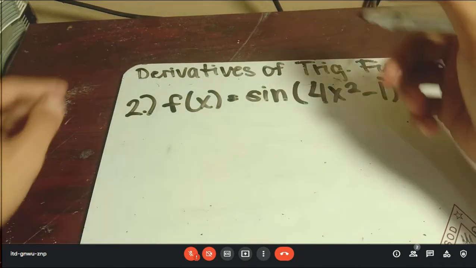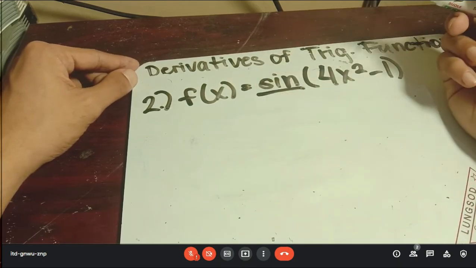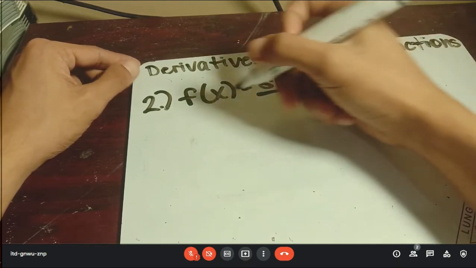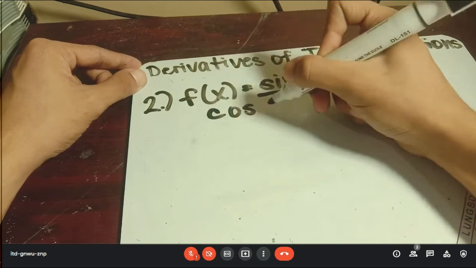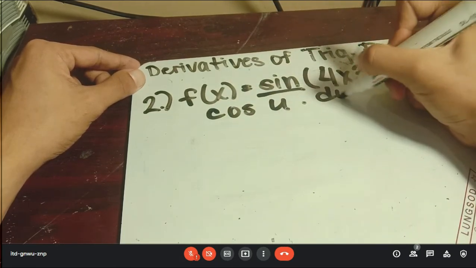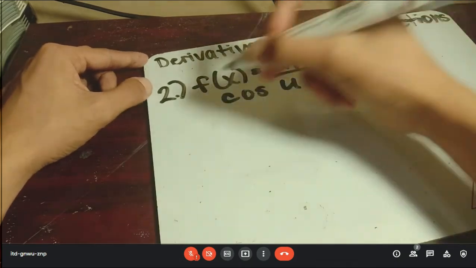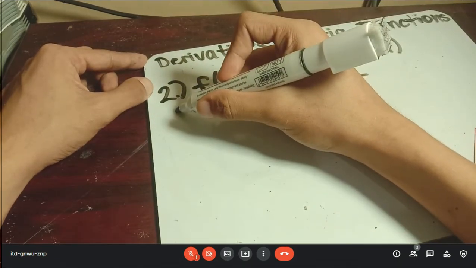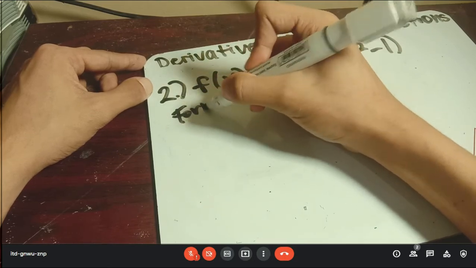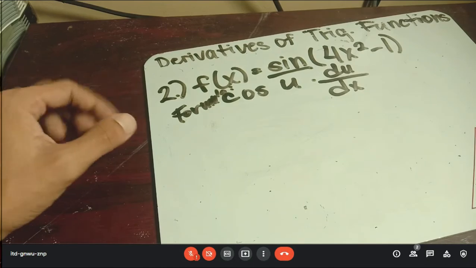So, don't worry. Alamin lang muna natin again yung formula ng ating sin. So, ano yun? It will be cos u times du over dx. Yan. So, tatandaan natin yung formula natin. Lagyan na lang natin siya ng formula. Yan. That will be our formula.